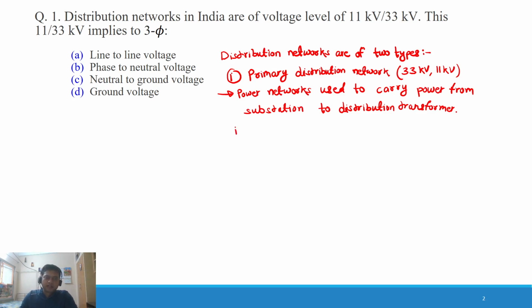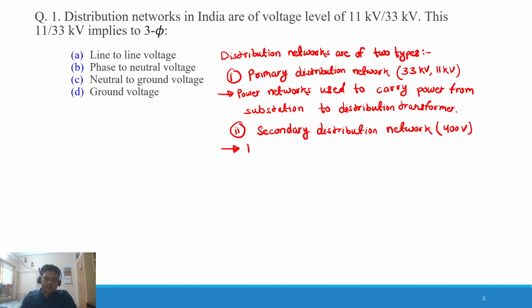And the secondary distribution network, the voltage level of the secondary distribution network is 400 volt, and that is line to line voltage, and the phase voltage is 230 volt which we usually get in our houses.